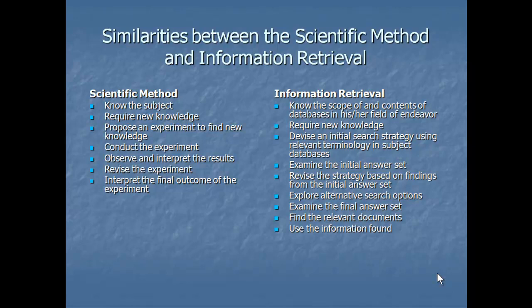Computers are very fast, so it may take only seconds for the computer to execute your search. But then it spews out an answer set, and it takes time for you as the researcher to interpret that data. And then you must revise that strategy based on the information that you found.